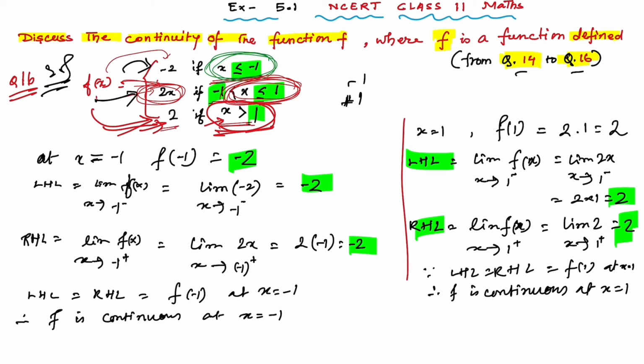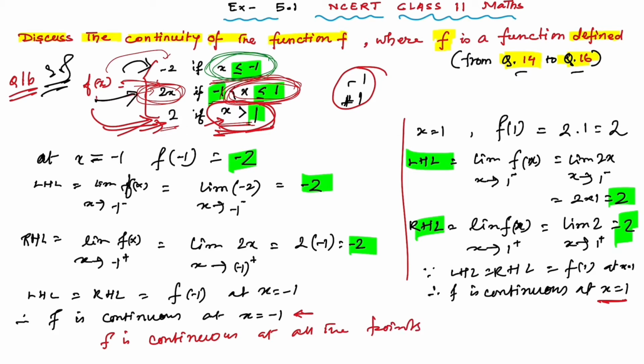So only 1 and minus 1 were the possible points of discontinuity, but they are not points of discontinuity here. That means f is continuous at all the points in its domain.